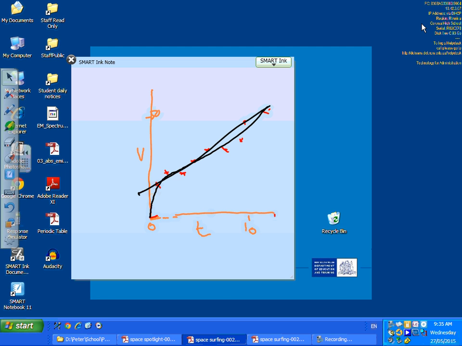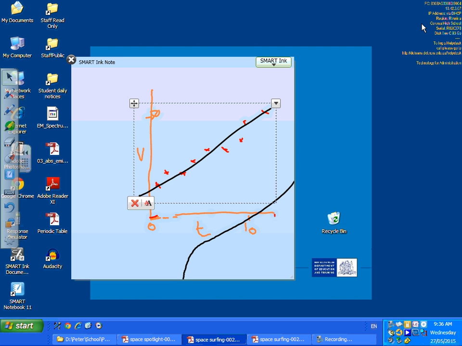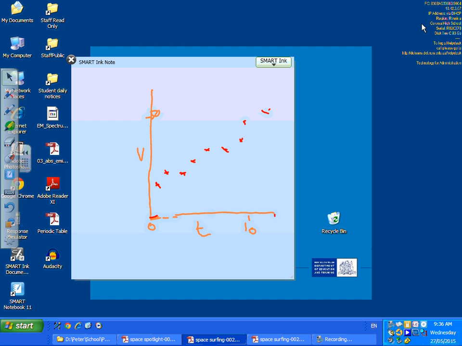There was one a couple of years back where they had a line of best fit, and everyone who put it through zero got zero for their result. Where should that line of best fit go? About there, because it's got about as many above as below, and it works out reasonably well that way. Could it be this? No, it couldn't be that.